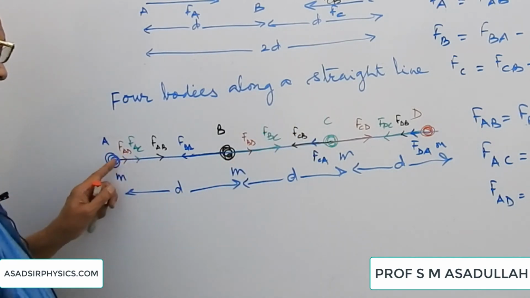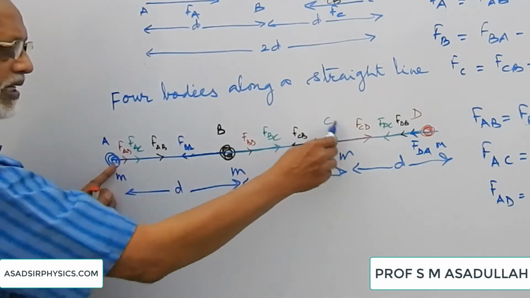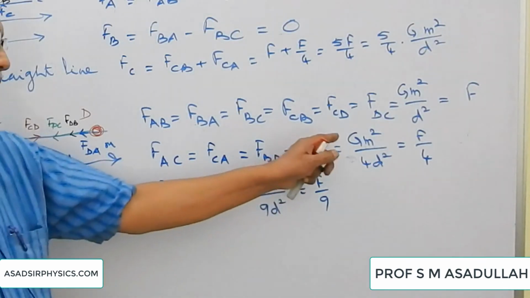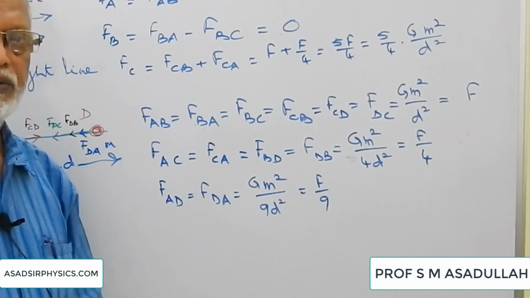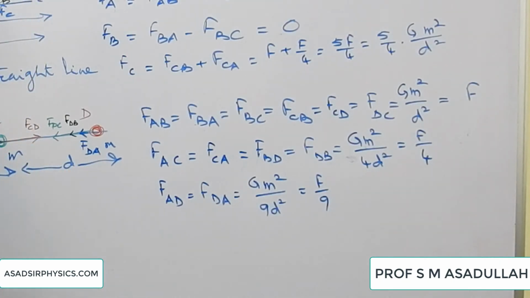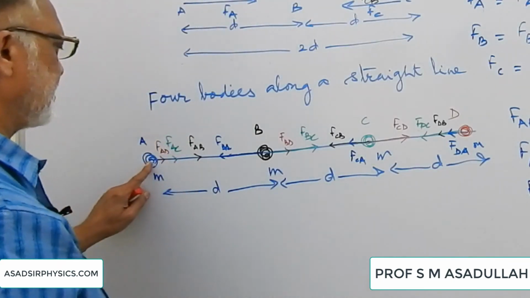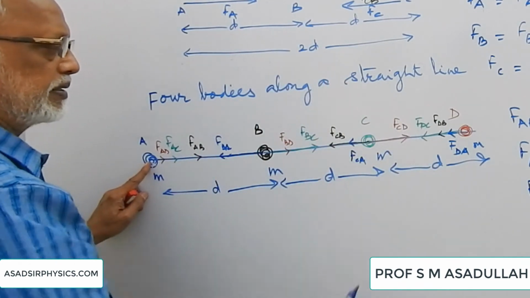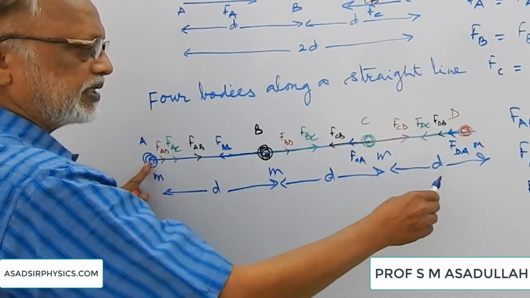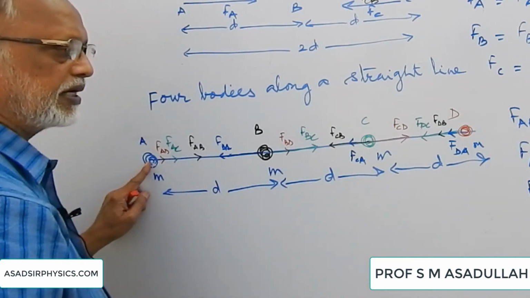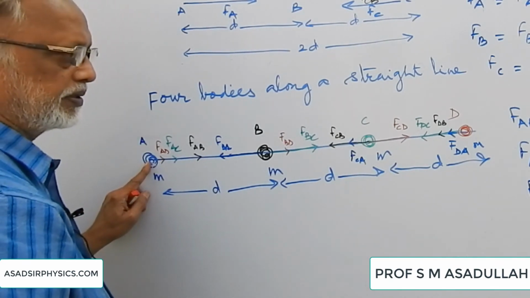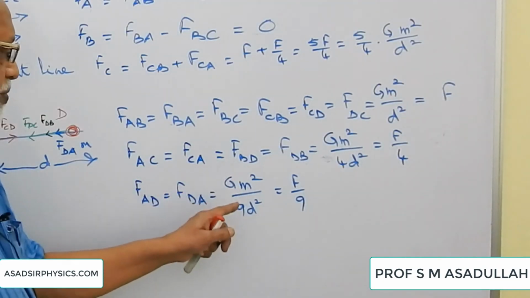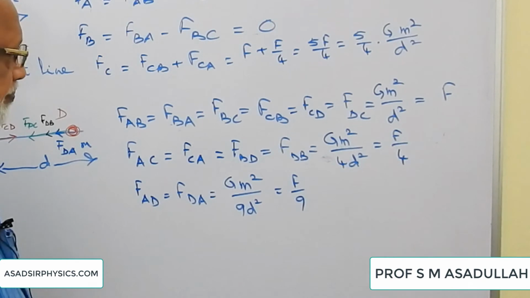Force on A due to C, C is at a distance 2d, so force on A due to C is G m square by 2d whole square, that is 4d square. Force on A due to D, D is at a distance 3d, and squaring that, it will become 9d square. The force on A due to D is G m square by 9d square.